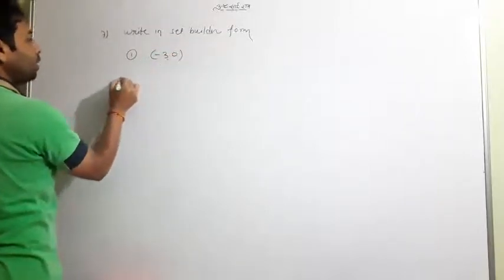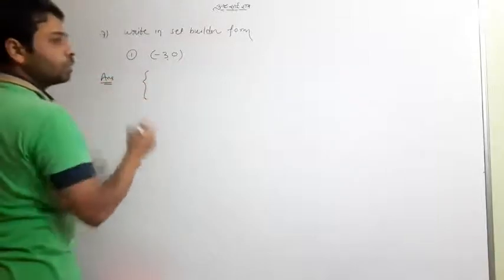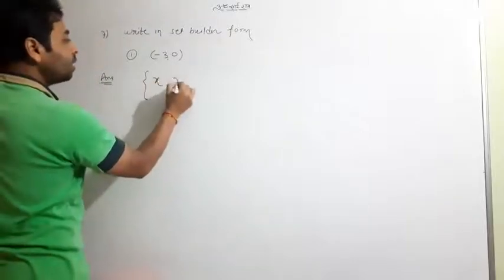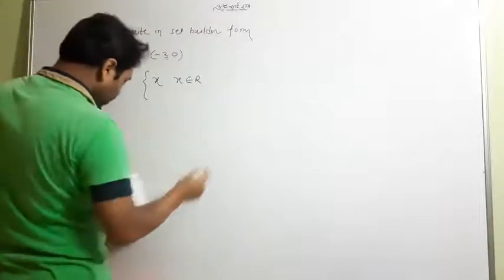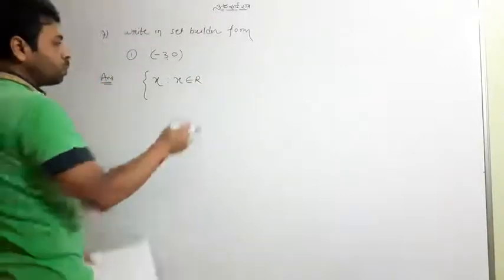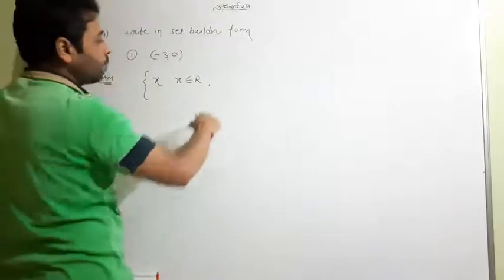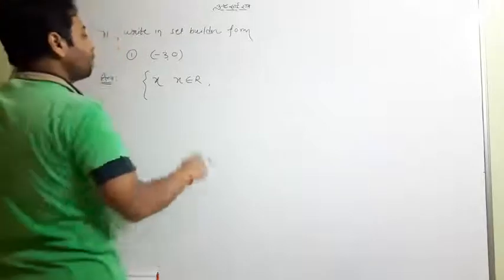Your answer is again a set builder form, meaning in curly brackets I write x such that x belongs to the real numbers, the same as question 6.